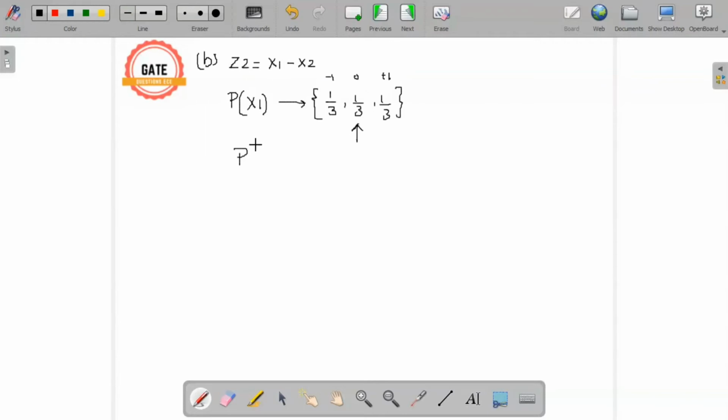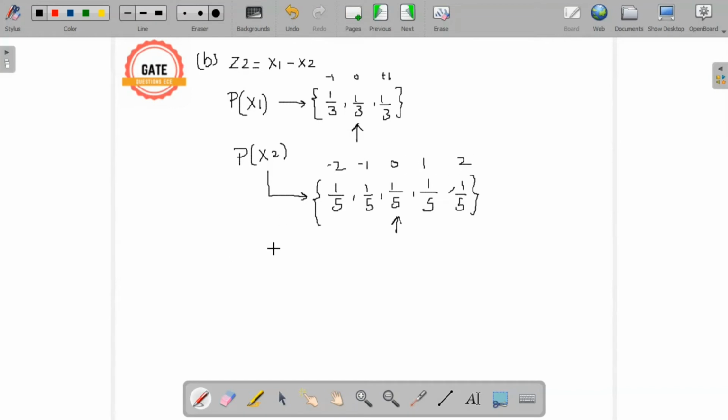These are the probabilities. Similarly, I'm writing the probabilities of x2: 1 by 5, 1 by 5, 1 by 5, 1 by 5, and 1 by 5, and the origin is here. This is similar to signals and systems, where we write discrete signals.